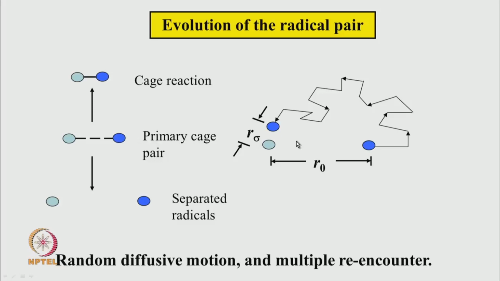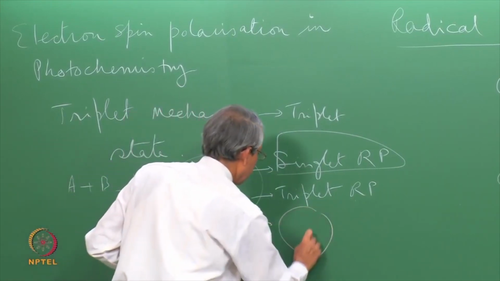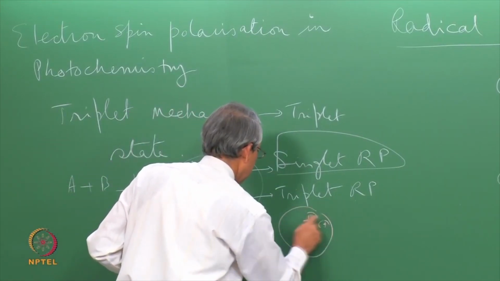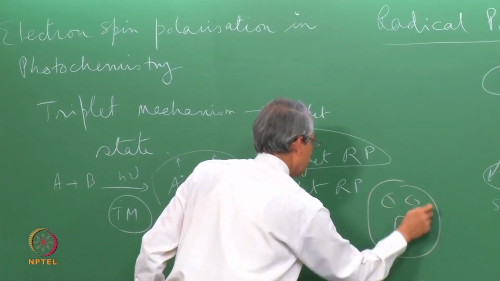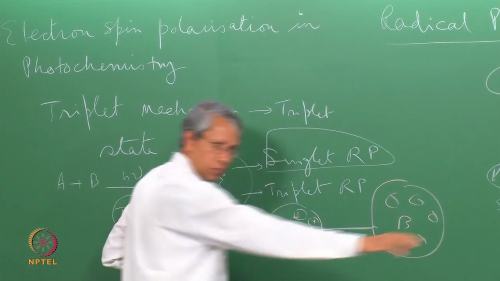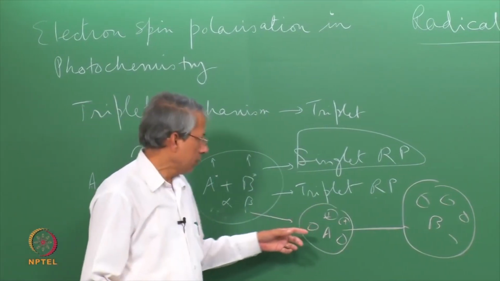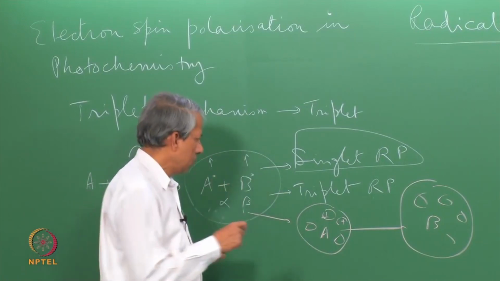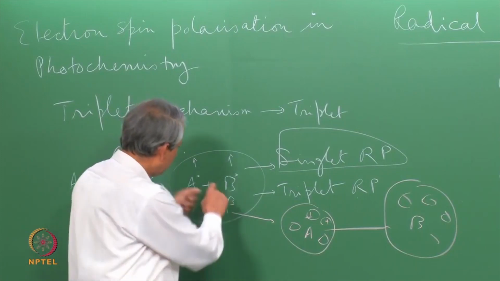So, the way the radicals are evolving, when they are in the vicinity of each other they have to go away from each other, radical A separated from radical B. They have to physically go away from each other. For that to happen, a lot of solvent molecules must collide with them, and this random Brownian motion will try to push them away.